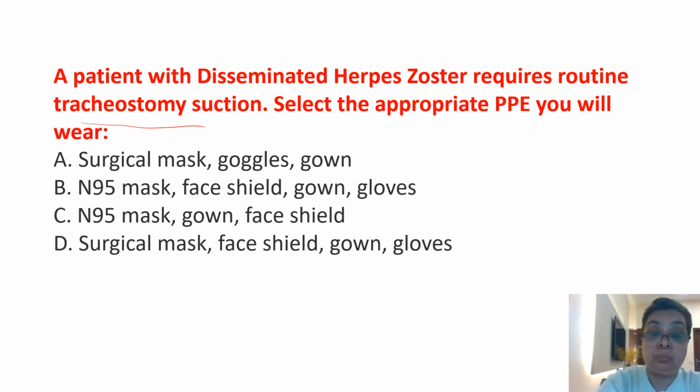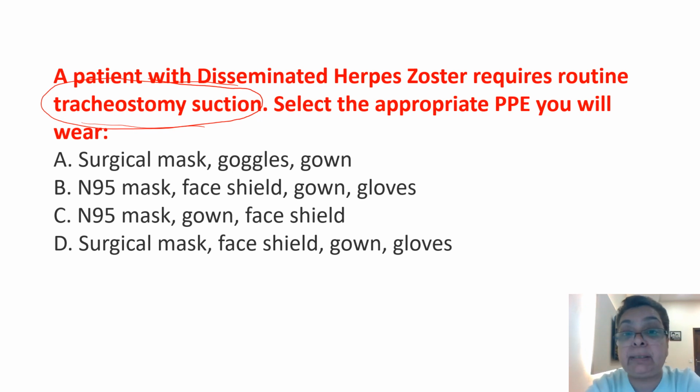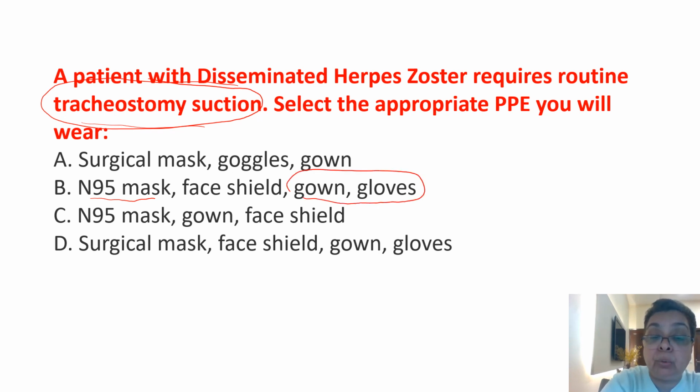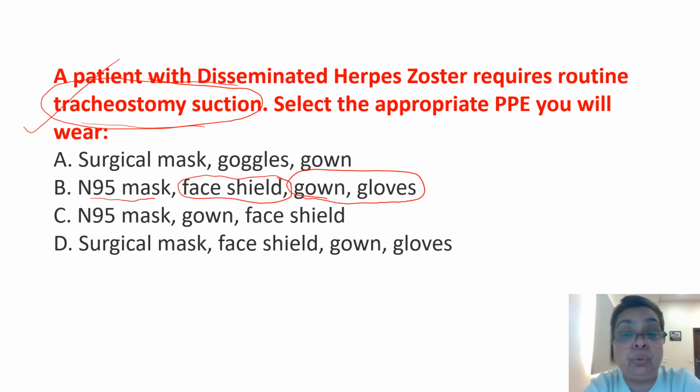Plus, because we are expecting sprays, because it's a tracheostomy suction, we're going to wear personal protective equipment like a face shield or goggles. So N95 mask will be worn, contact precautions, gown and gloves will be worn, and along with that, face shield will be required because we are going to do a tracheostomy suction.